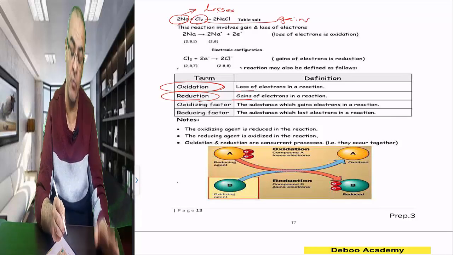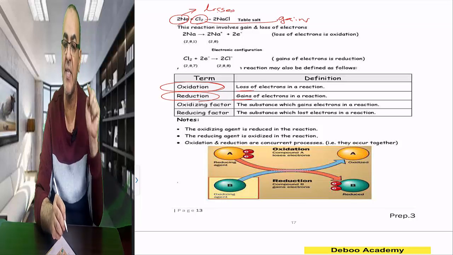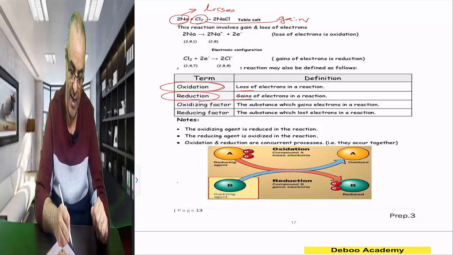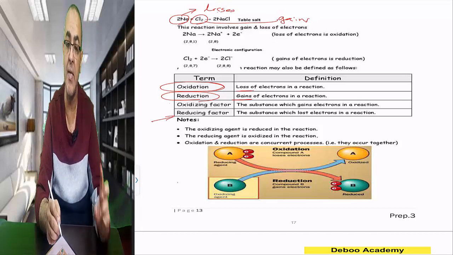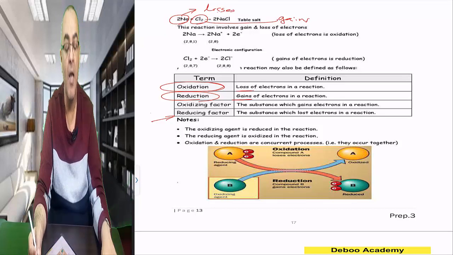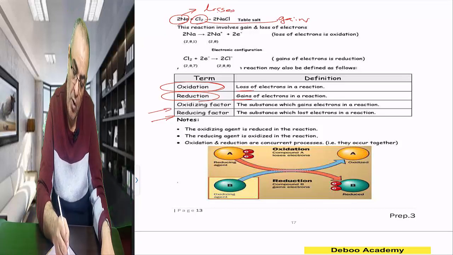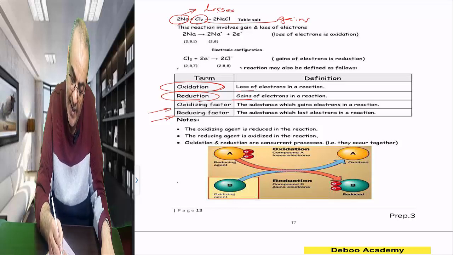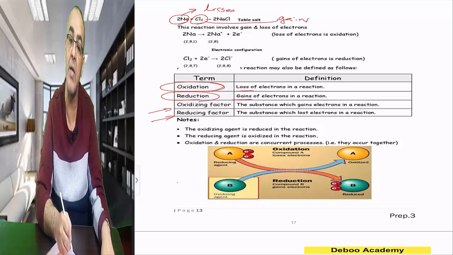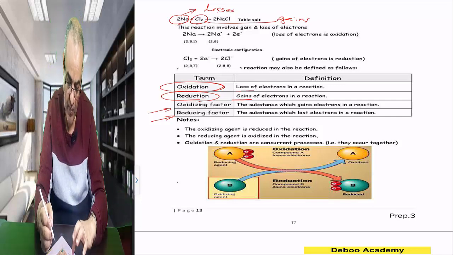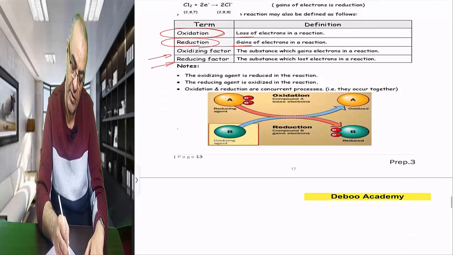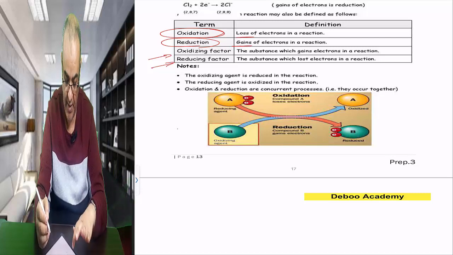When oxidation takes place, the substance is called the reducing agent. When reduction takes place, the substance is called the oxidizing agent. So loss of electrons is called oxidation. The substance which gains electrons is called an oxidizing agent; it helps another substance to oxidize. The oxidizing agent is reduced in the reaction, and the reducing agent is oxidized in the reaction, as we said.